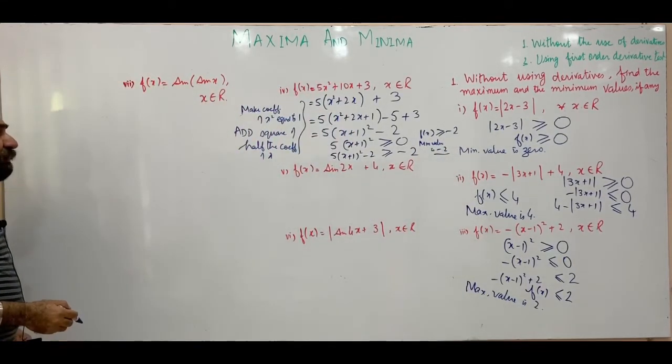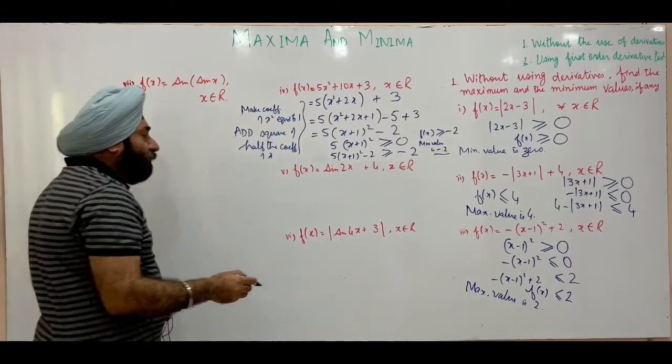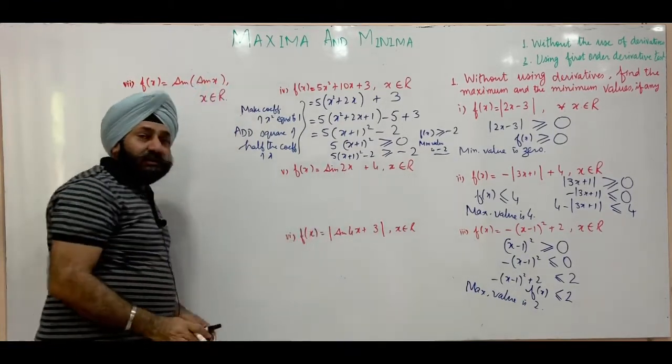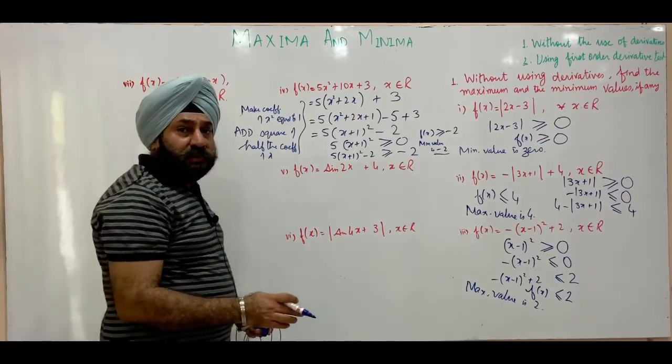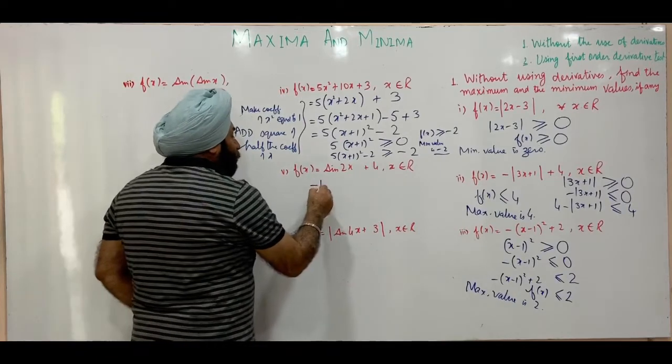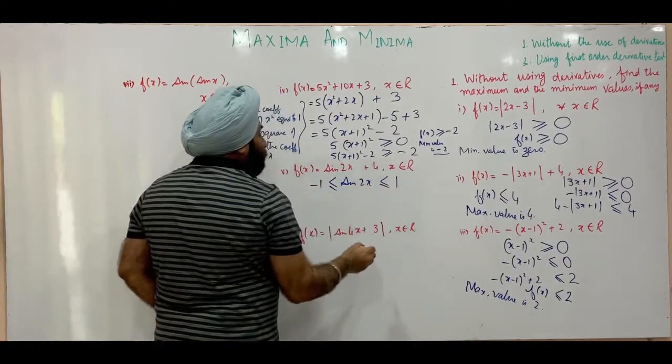Next, f of x is sine 2x plus 4. So what do we know about the sine function? The range of values of the sine function is from minus 1 to plus 1. Minus 1 less than or equal to sine of 2x less than or equal to 1.